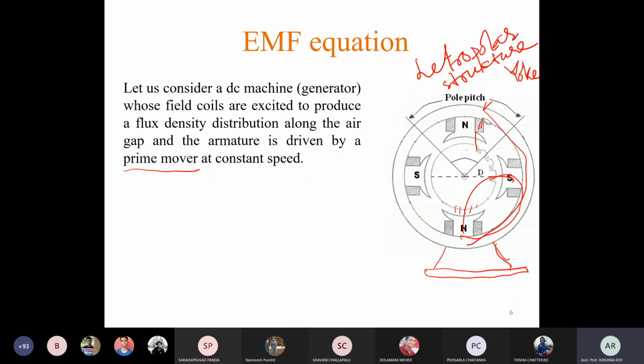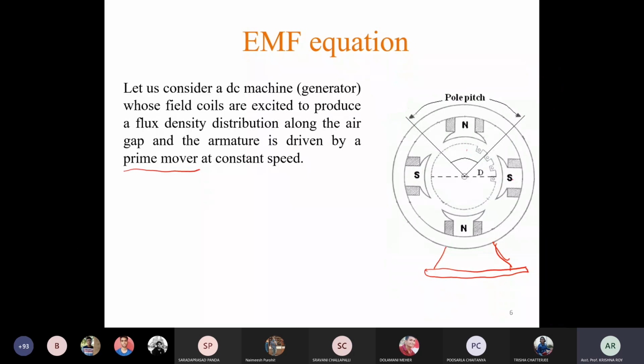So in a practical situation, suppose in a power station where alternators are used to generate electricity, what will be the prime mover? Turbine. Yes, turbine. So based on the type of power station, the turbines are of different types.